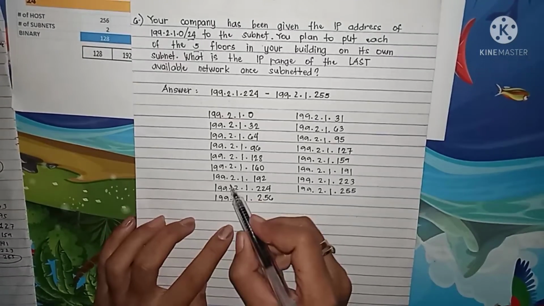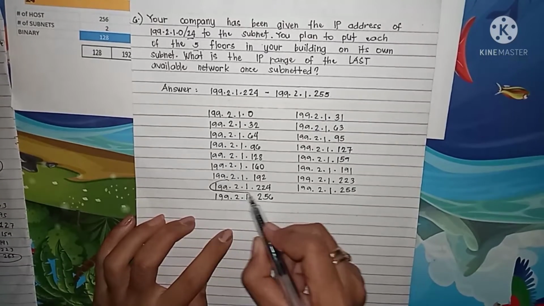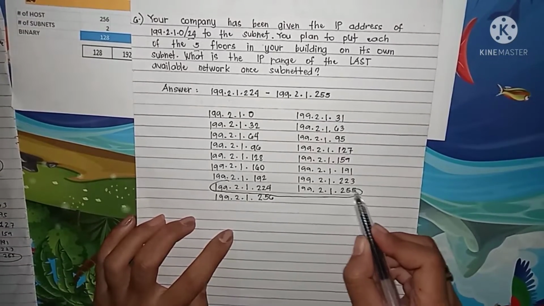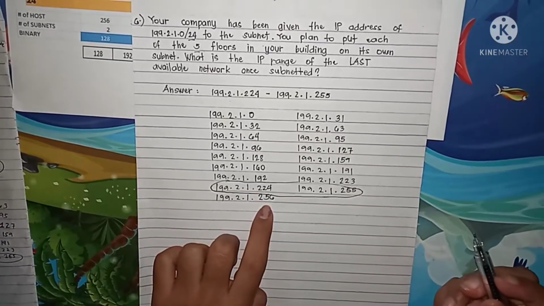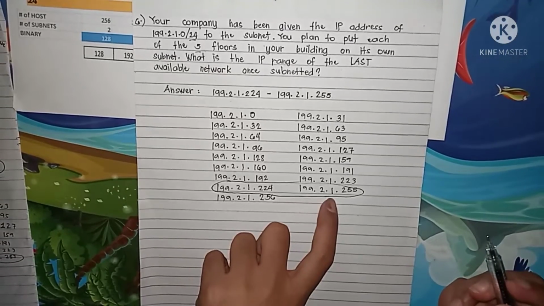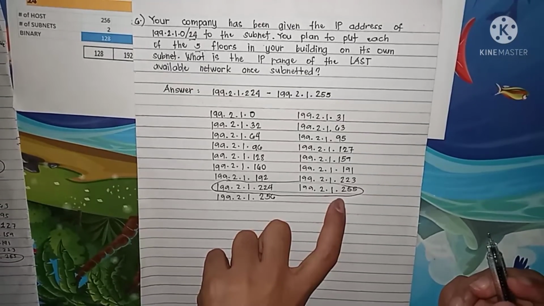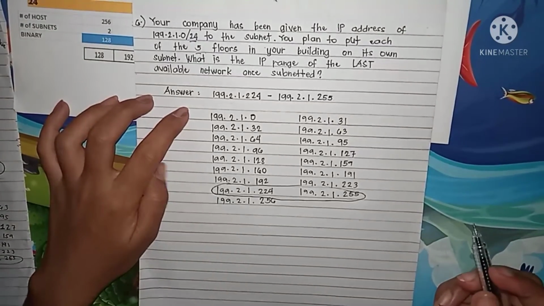So, as you can see, the last available network address when subnetted is 199.2.1.224 to 199.2.1.255. So that's why we derived the answer.